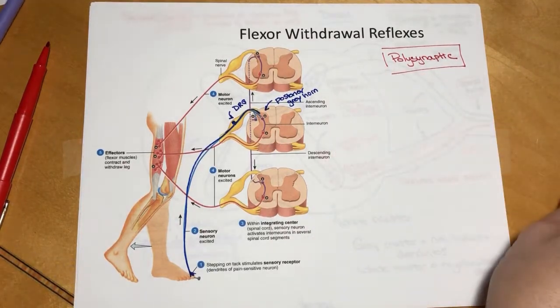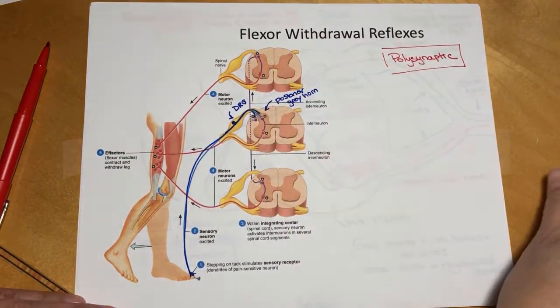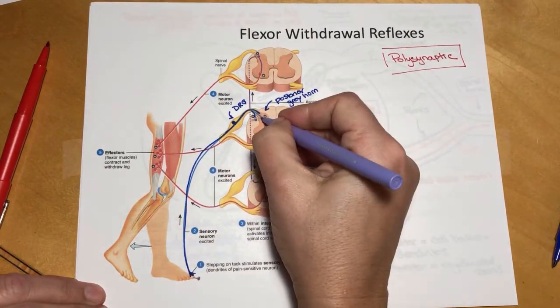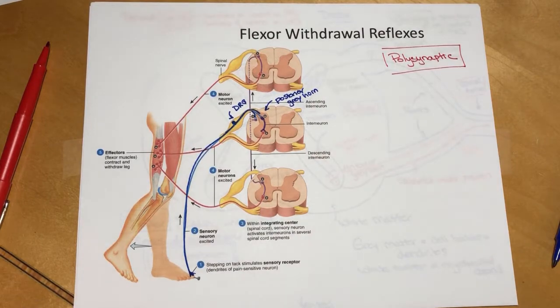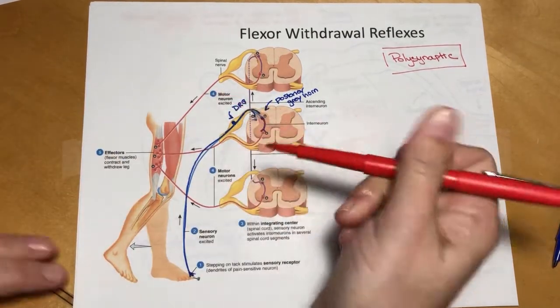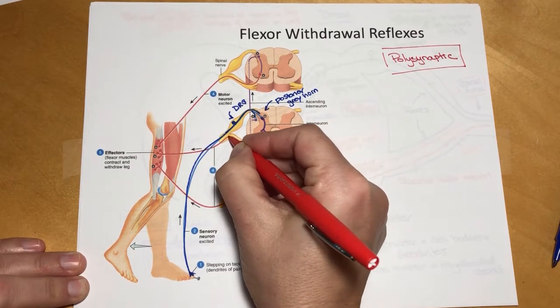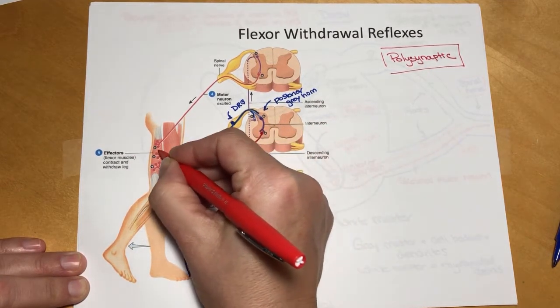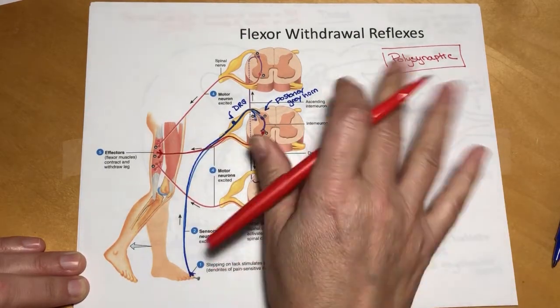And then we're going to synapse with a couple of different interneurons. So one of them is just going to say, hey, pick up your leg. You just stepped on something painful. So that's like a normal motor neuron that's just going out and causing contraction of the hamstrings so that the leg will flex.